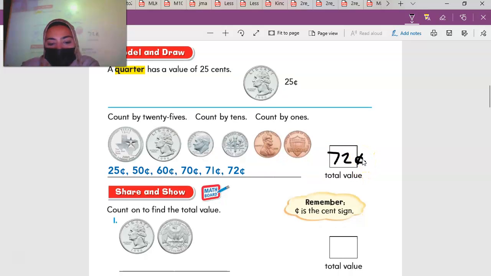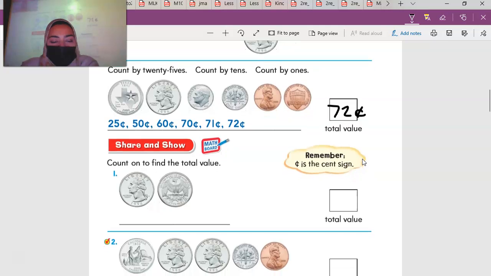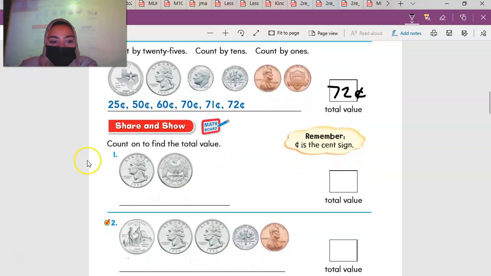72 cents. So what they want us to do is write our counting on the line like they did. So the first coin here is a quarter. Very good. And a quarter is worth? So on the line you're going to write 25 cents. Then we're going to write a little comma. And then 25 and 25 make? 50.